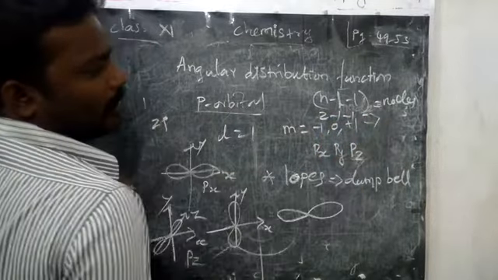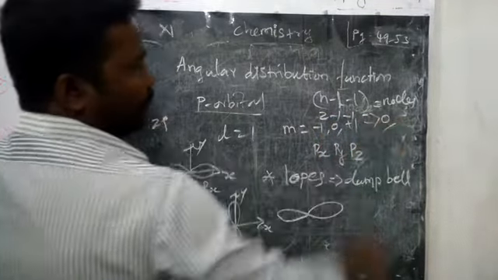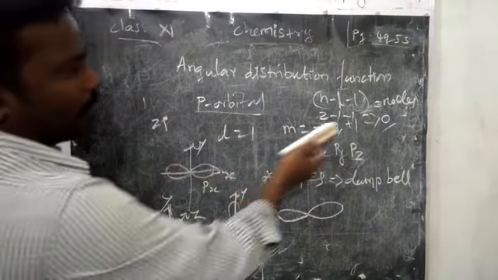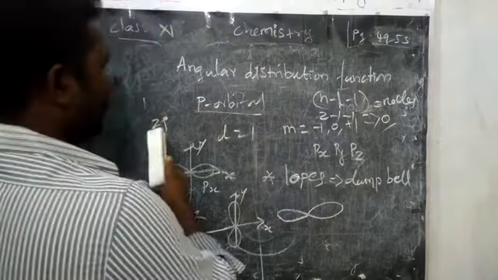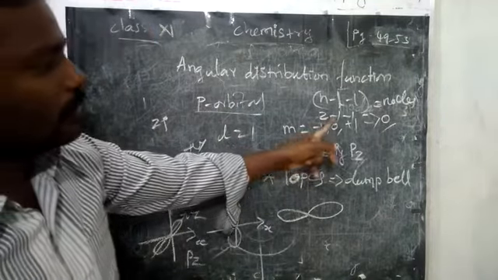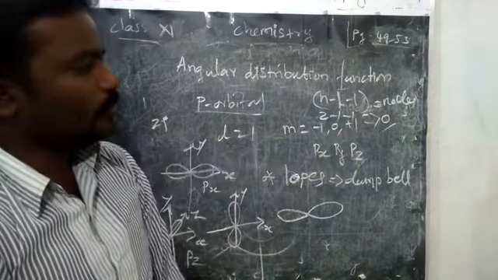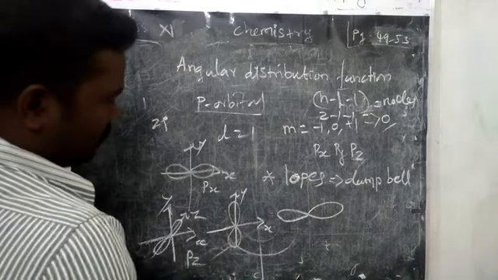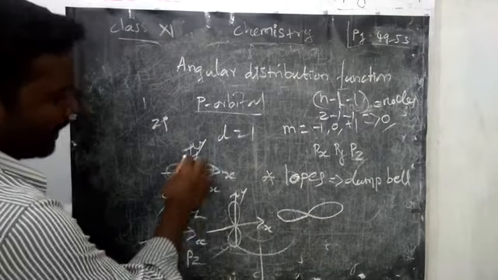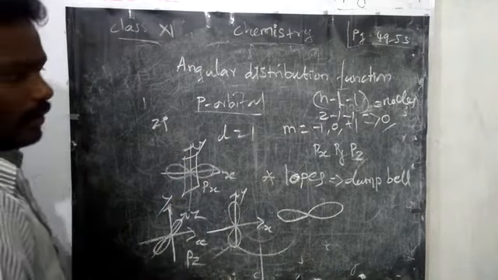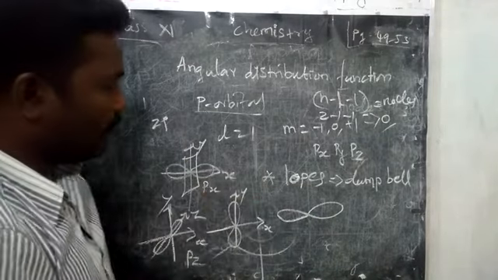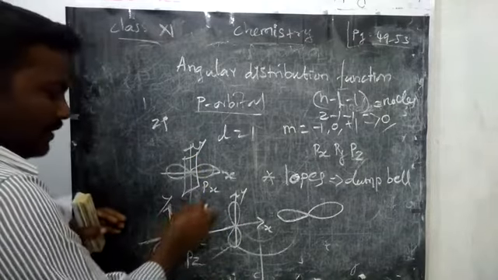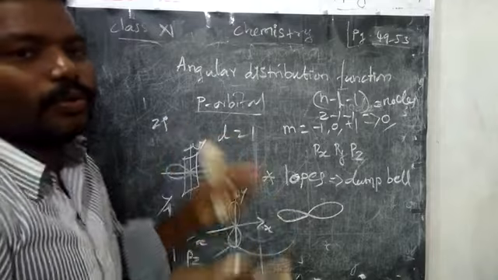How many nodes? 0. So the L value is 1 and the n value is 2, so 2 minus 1 minus 1 becomes 0, right? But we may have one nodal plane. The number of nodes is 0, but a nodal plane may be present between these two loops, right?